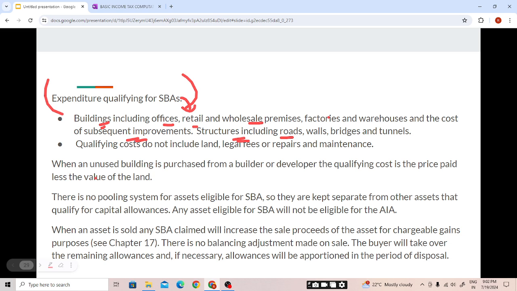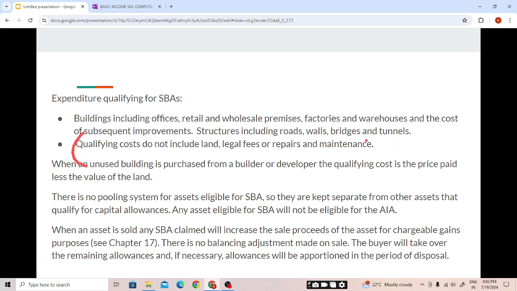Qualifying costs do not include land, legal fees, or repairs and maintenance. So the land cost, planning fees, legal fees, repairs and maintenance, and stamp tax are all not included.